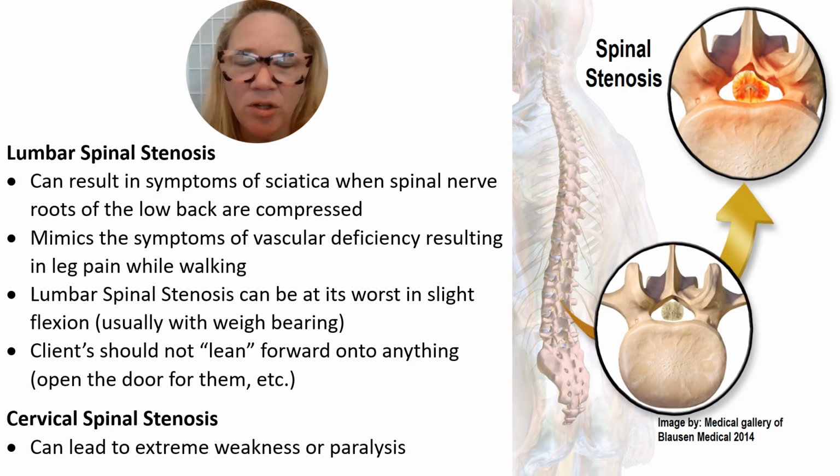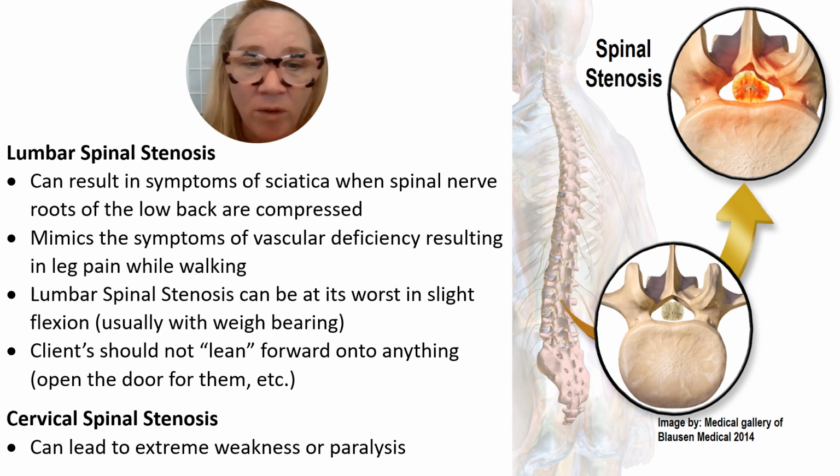Lumbar spinal stenosis is the most common occurrence. Sometimes spinal stenosis can also occur in the cervical spine, and I've never seen a case of spinal stenosis in the thoracic spine, although I'm sure it can happen. It's much more rare. Now, sciatica can be a side effect of lumbar spinal stenosis, okay? That's when the channel where the sciatic nerve exits the vertebral spine is compressed.